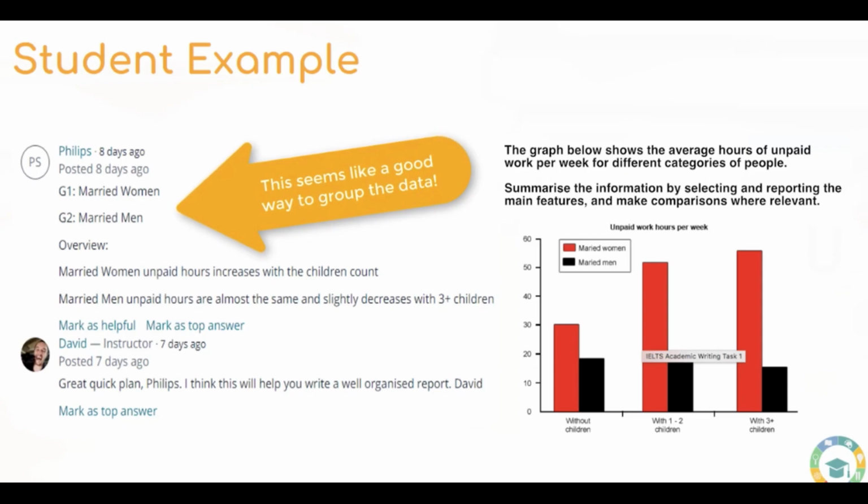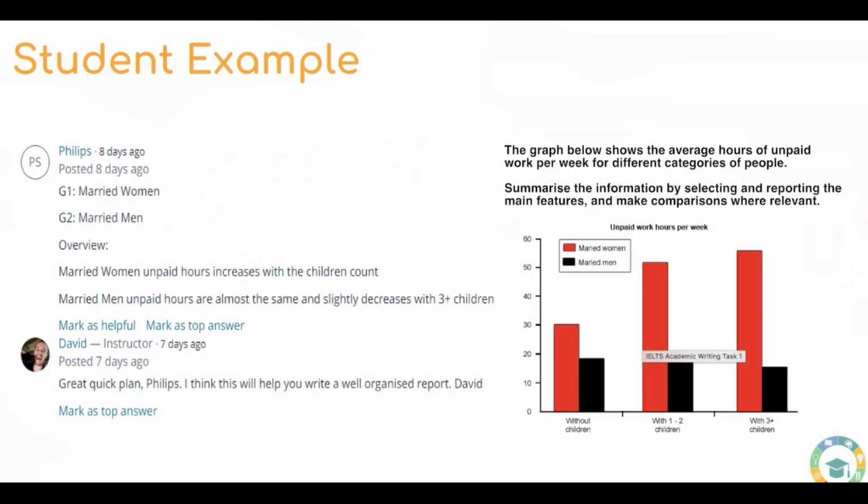And the overview: married women unpaid hours increases with the children count. Yes, that is also what I saw straight away. And for married men, unpaid hours are almost the same and slightly decrease with 3 plus children, which is something that I noticed straight away.